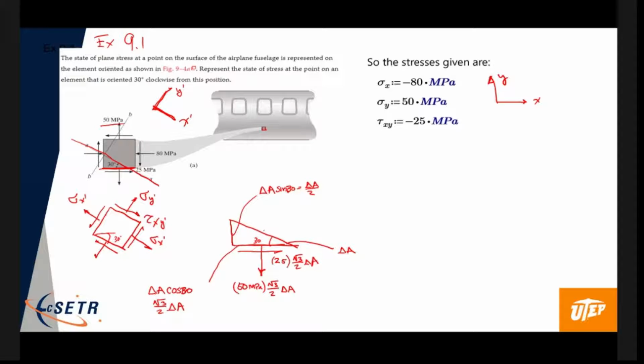On this face here, I'm going to have the exposed normal stress in the Y prime direction, and it becomes a force by multiplying it by the area it acts on, delta A. And likewise here, we have the shear stress tau X prime Y prime delta A. And then on this face, I have that normal stress, which, actually it's compressive, so I should do it this way.